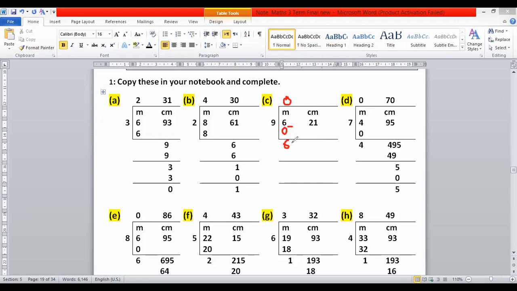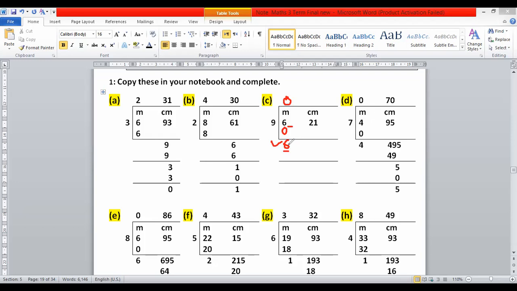Dear students, this step is very important. Please listen to me very carefully. 6 meters means 600 centimeters. So first of all, we will change these meters into centimeters, because now we are going to divide centimeters. Here we convert this 6 meter into centimeter. 6 meter means 600 centimeter.